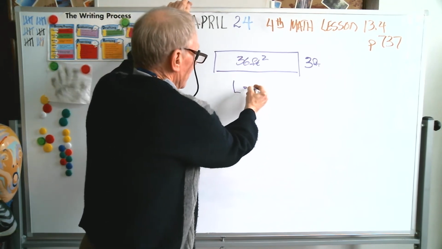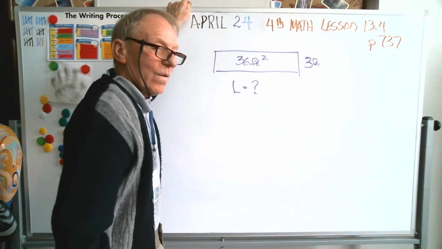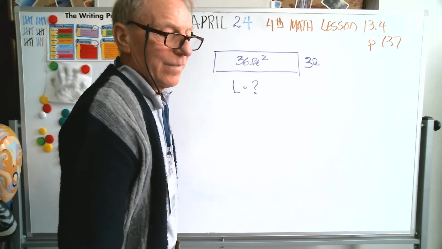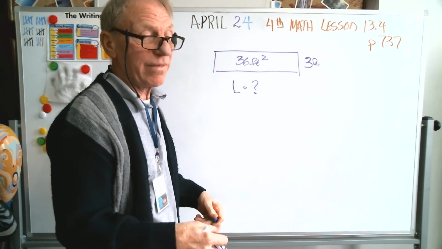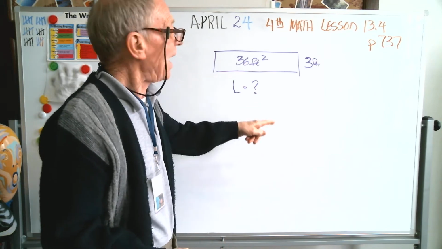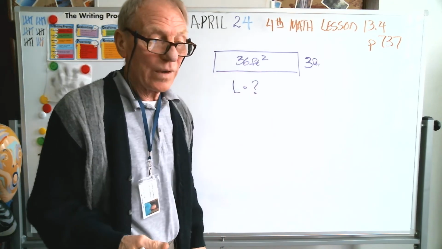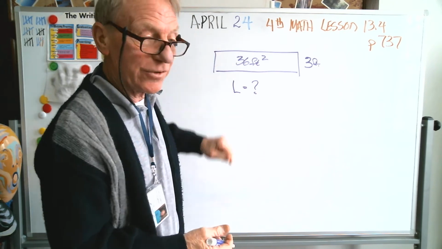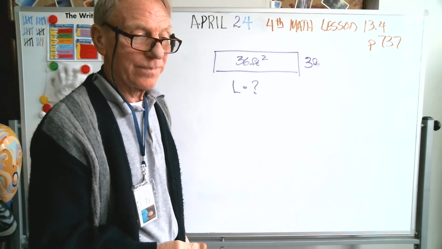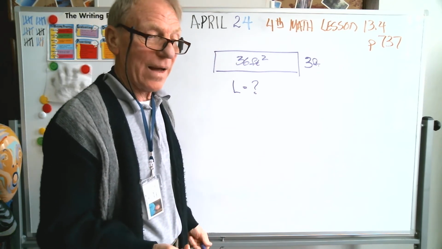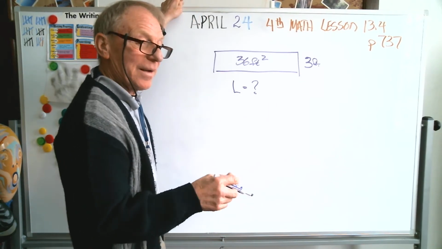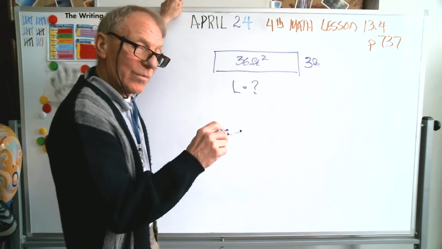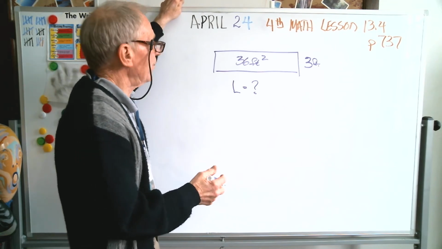Length equals, I don't know. But you know that the formula for area is length times height. So what times 3 will equal 36? Well, since it's length times height, we're going to reverse the operation and do division.